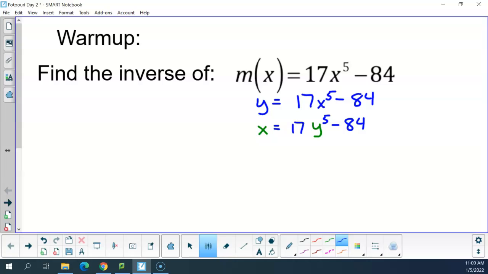Third step: add 84. Solve for, so what are we solving for? y. Okay, so adding 84. Then divide by 17.